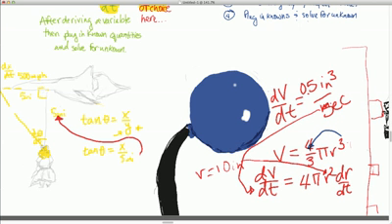Try to keep an eye on the units. The units will help you determine that this is a volume because it's in inches cubed. If it was inches squared, it would be area. And then any distance like length, width, height, radius, those all would be in inches or feet.